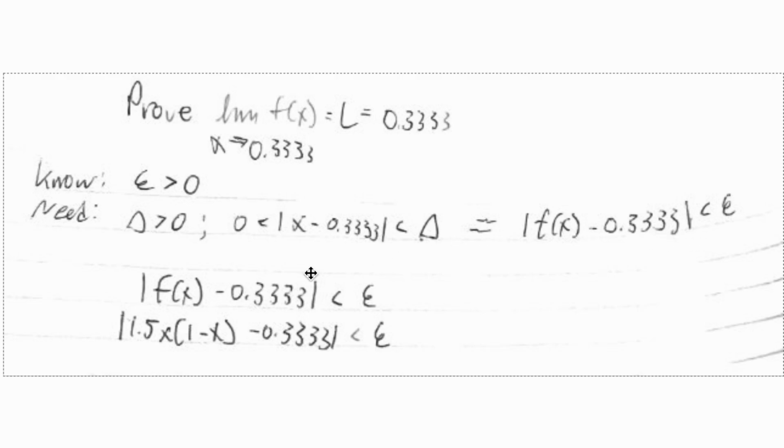So we go about starting our proof here, where we will set this inequality here with f of x minus L less than epsilon, and then we'll go about substituting in the actual function that is f of x, as we do here.